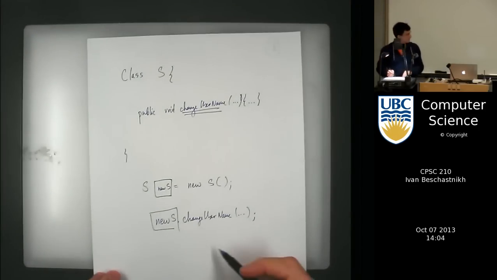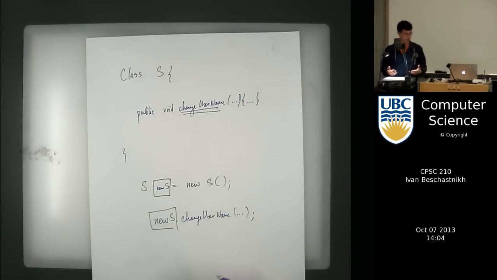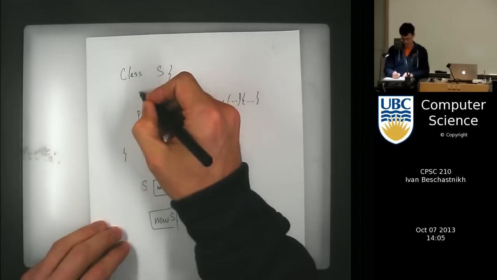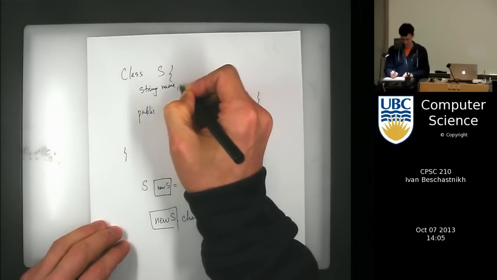Let me bring this up again. I have this class S. In order to mutate S, that means changing its fields. I might have a string field, like name.